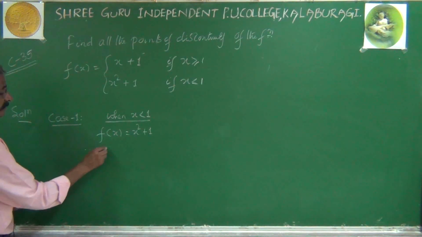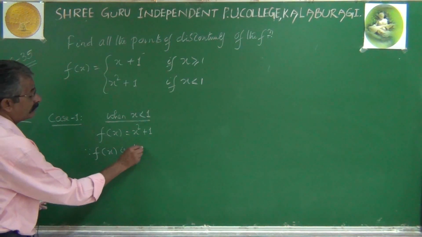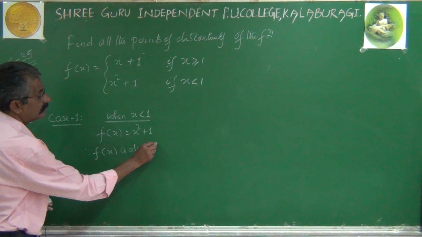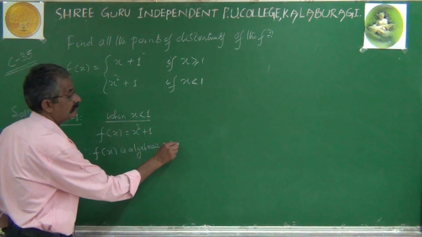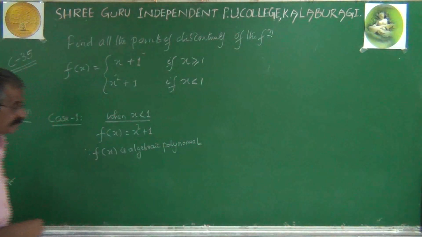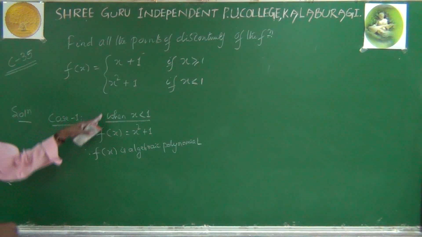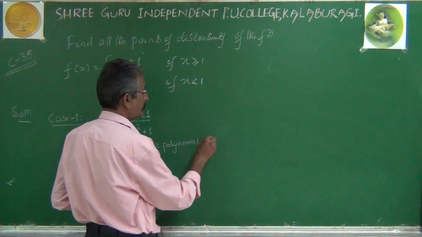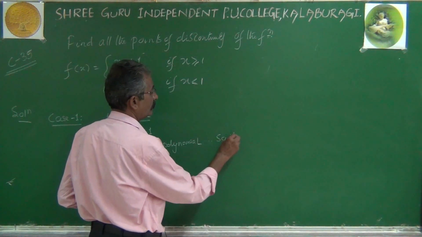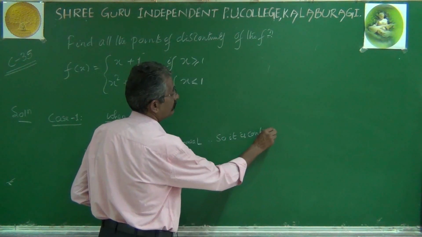Since f(x) is an algebraic polynomial for x less than 1, it is continuous. I mean, the function is continuous.